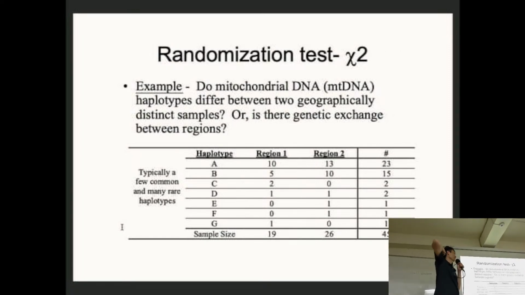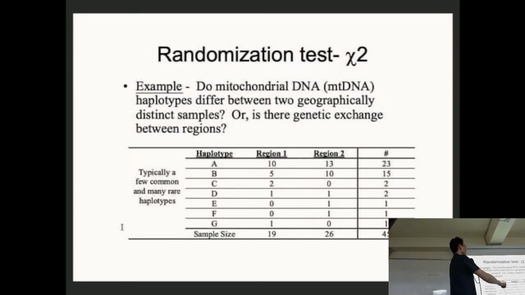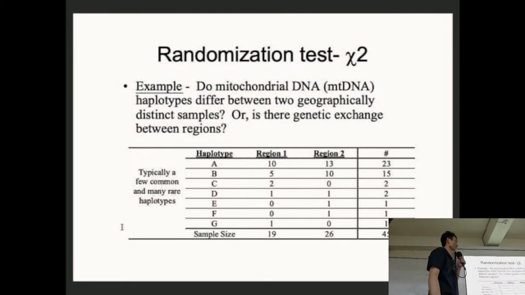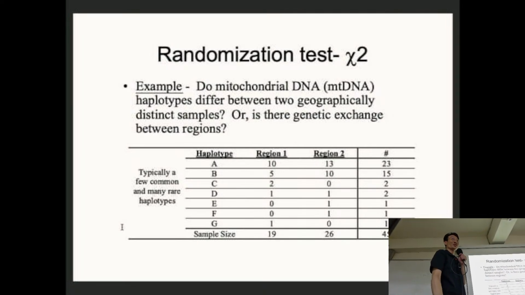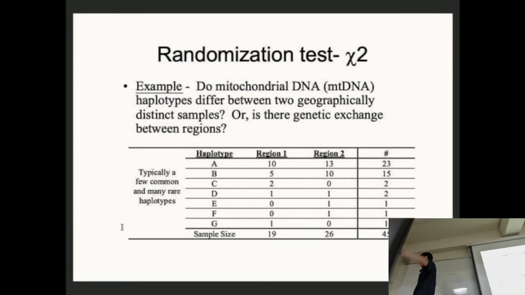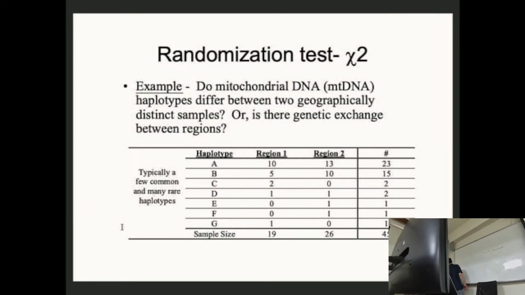How to calculate the expected number? So this is observed. Everybody knows how to get the expected number. Don't remember? Anyone?